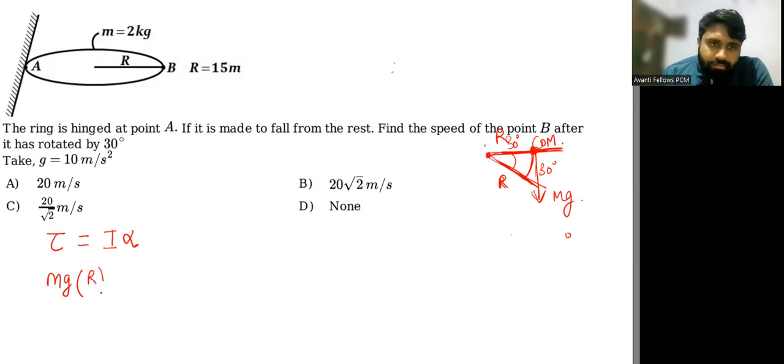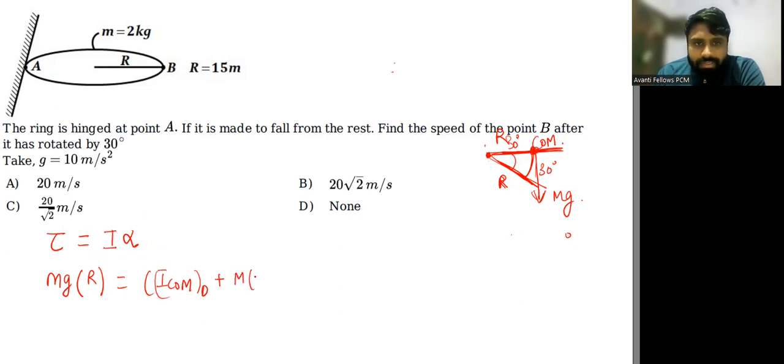Sorry, the torque is equal to I, which is I center of mass about the diametral axis plus the mass of the ring multiplied by the distance squared.